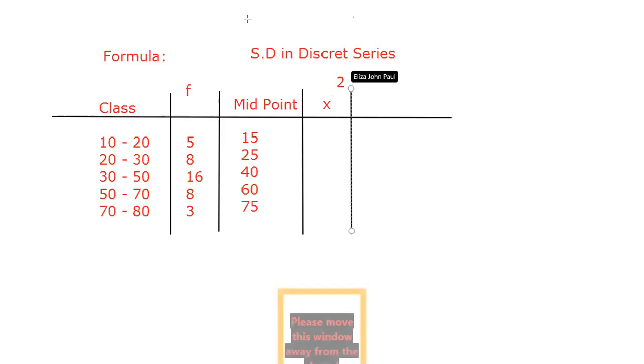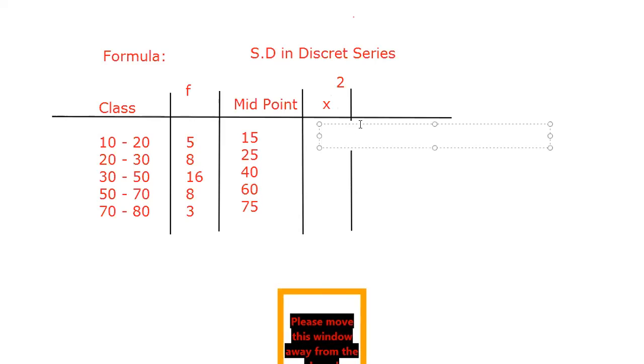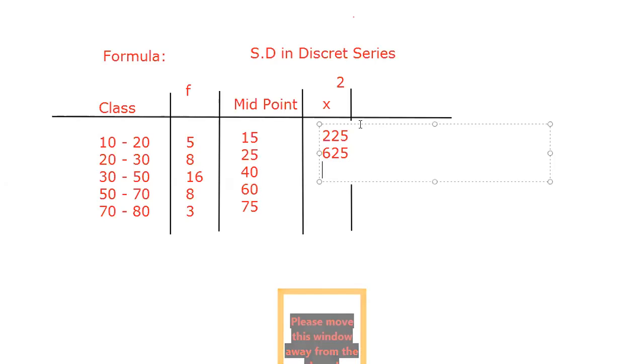What is 15 into 15? 15 square is 225. Then 25 into 25 is 625. Then 40 into 40 is 1,600.